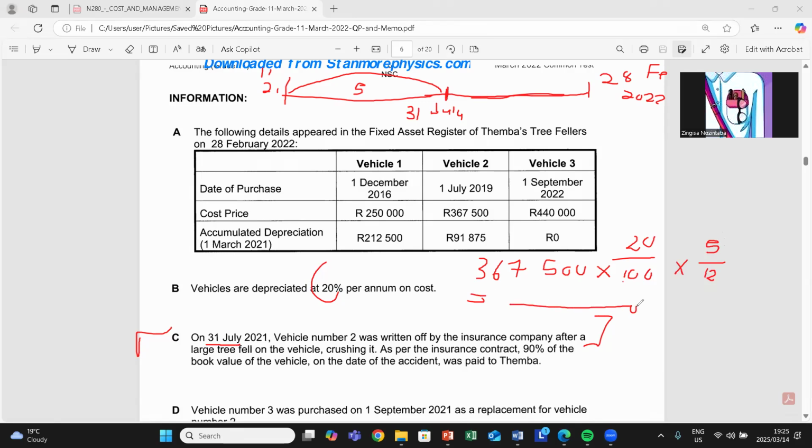And then we get how much? 367,500 gives 30,625. Yes, sir.